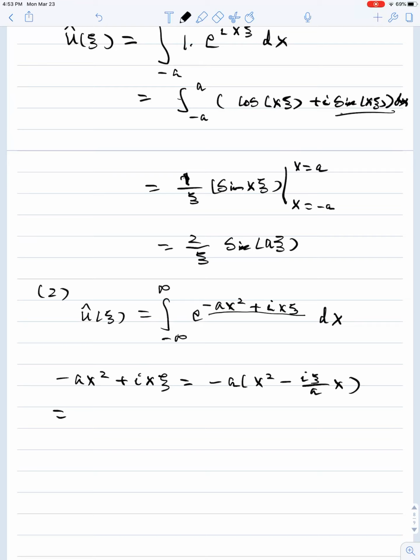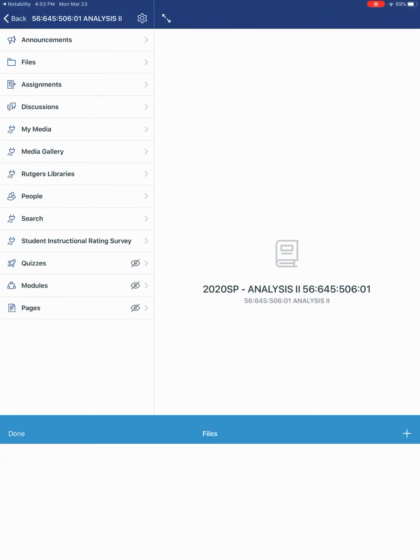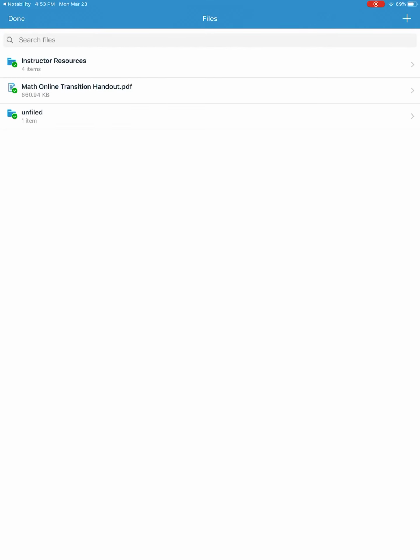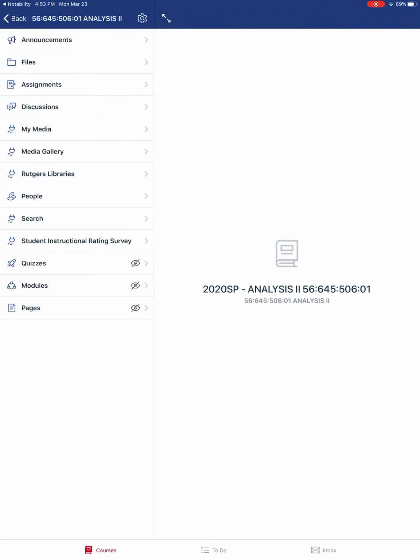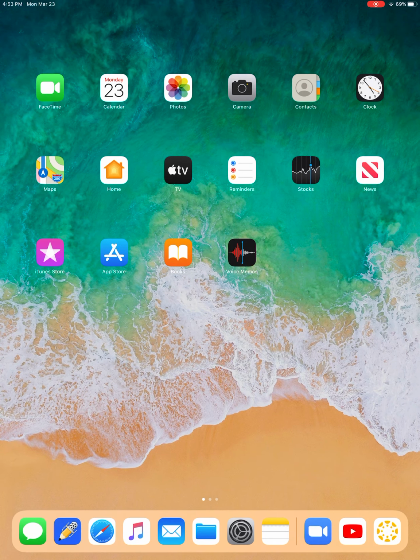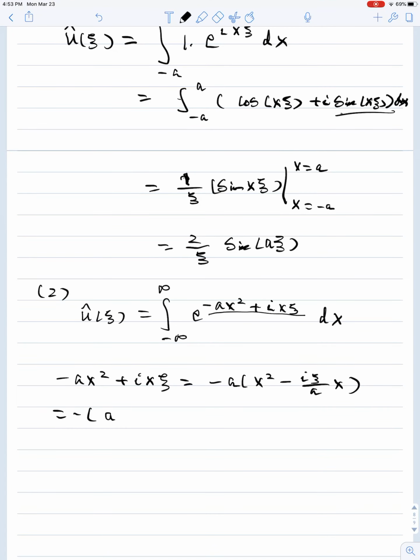In order to complete the square, I add the term i xi over 2a, squared, and then subtract the same term back.